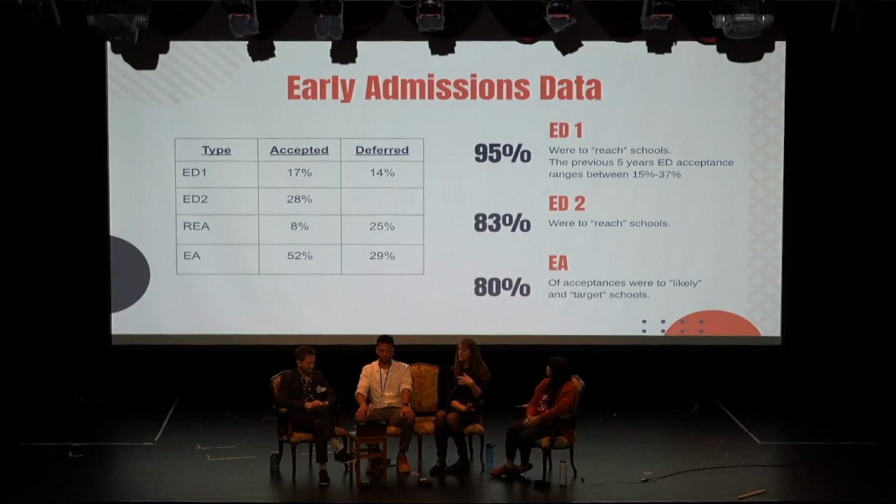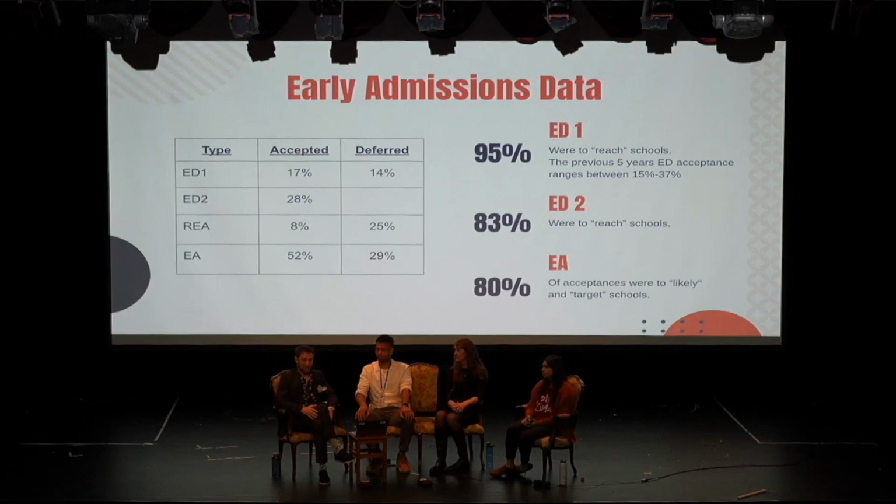So for some reason, kids chose very, very high for early decision 1 and much more reasonably for early action, and it really paid off. 52% acceptance for early action schools is a really fantastic percentage.